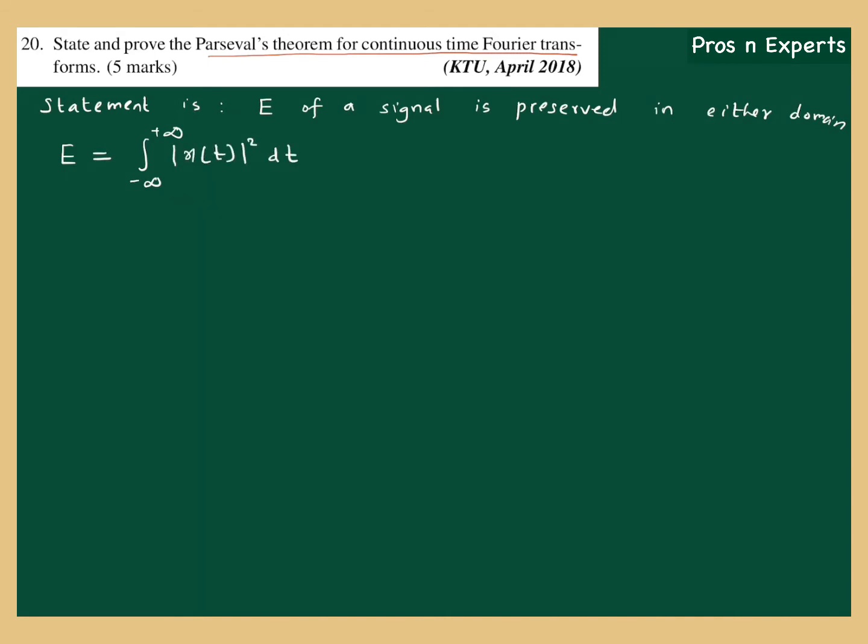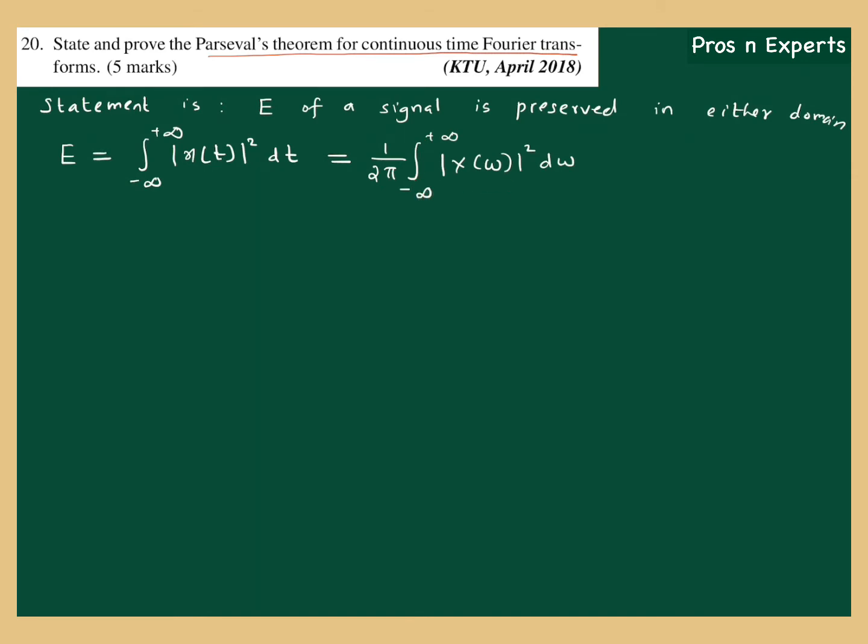Okay, so that will be equal to integral minus infinity to plus infinity mod x of omega the whole square d omega, scaled by 1 by 2 pi, where x of omega is the Fourier transform of x of t. Okay, so similar to what you find in the time domain, the energy will be same but scaled by 1 by 2 pi. Energy will be same if you calculate the energy from the frequency domain also.